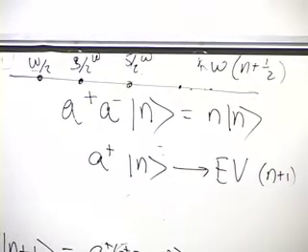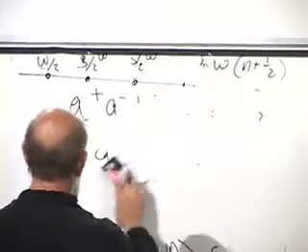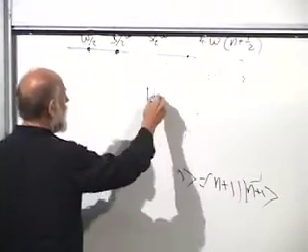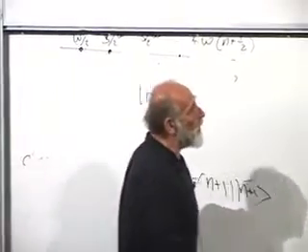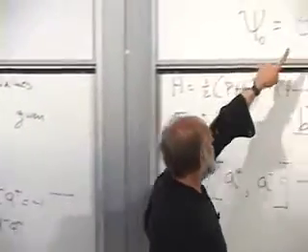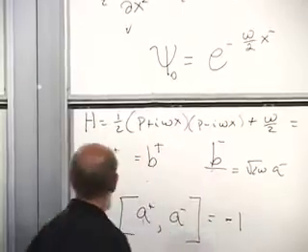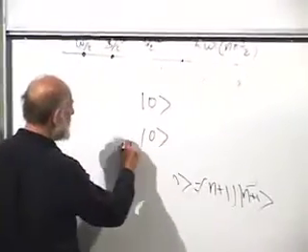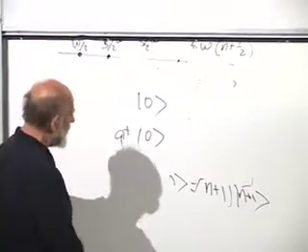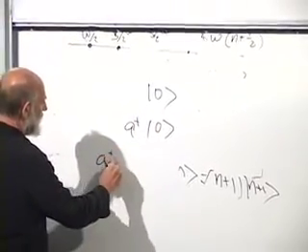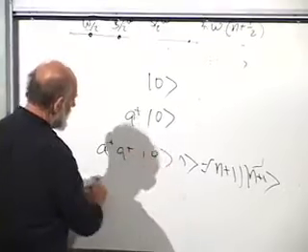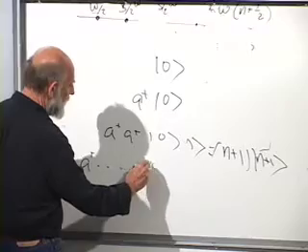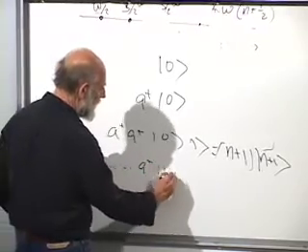Good. So here are all the eigenvectors of the energy. Start with O. What is O? O is the abstract vector associated with this. Multiply it by A plus. Multiply it twice by A plus. Multiply it any number of times by A plus.